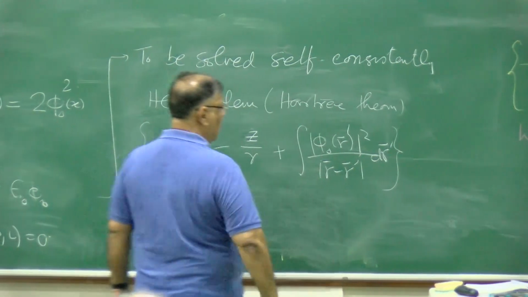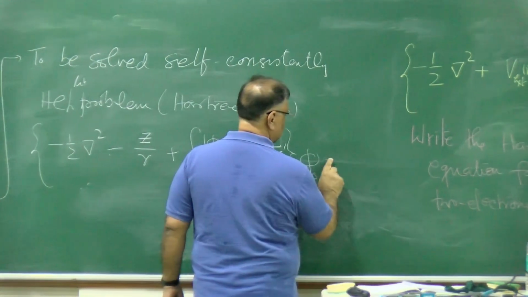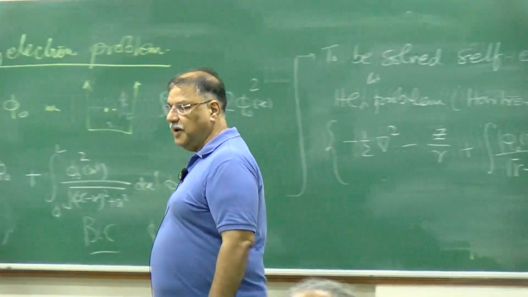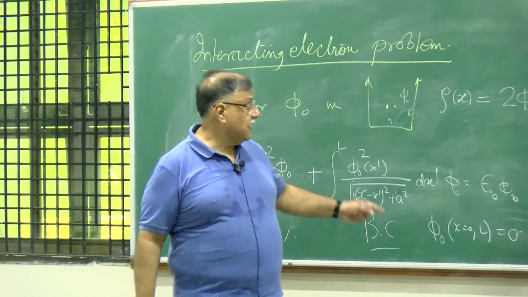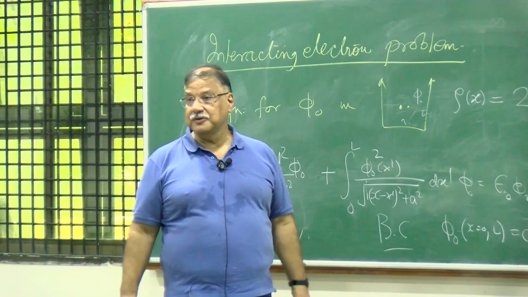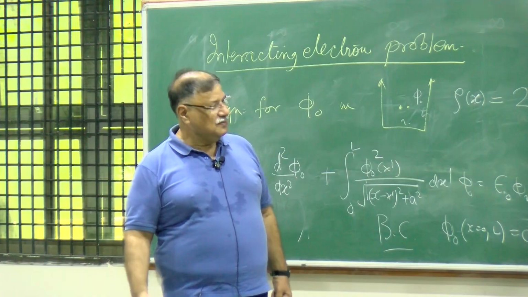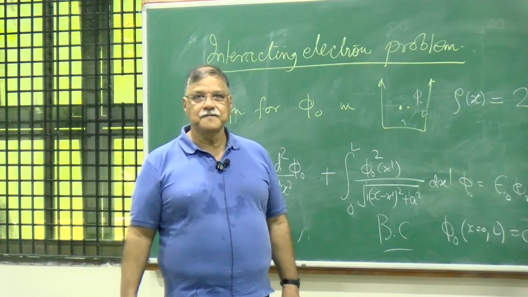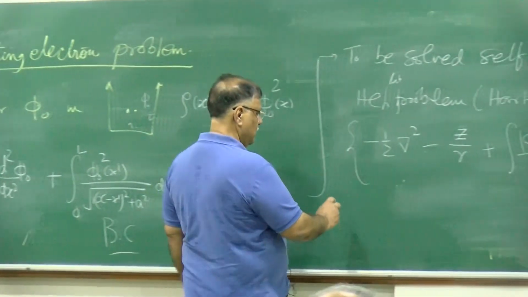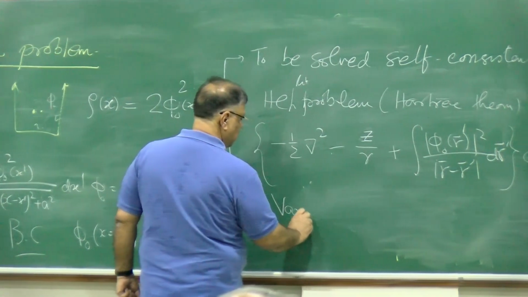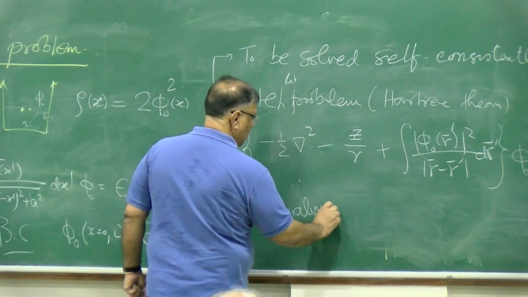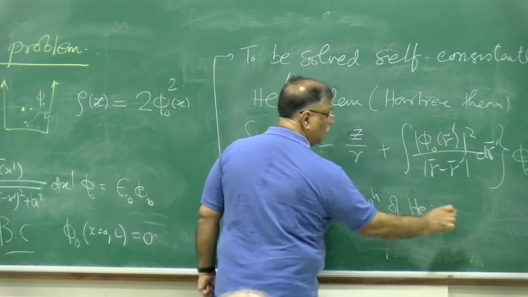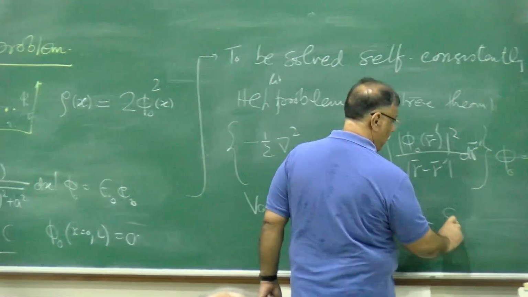All this acting on phi 0 gives you epsilon 0 phi 0. I've done exactly the same thing, except that now I'm in 3 dimensions. Do you know the very famous variational solution of helium problem? Simplest variational solution of helium problem. What does phi come out to be?